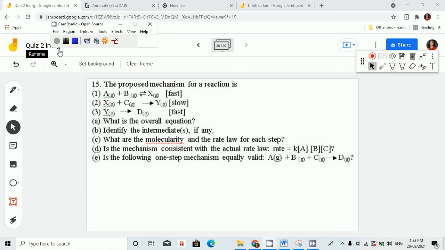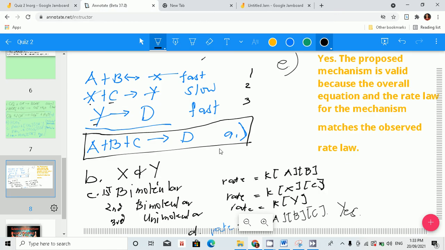We have A plus B plus C, which yields D. We are asked that if we don't show the three-step mechanism, and instead use just one step, is it equally valid? To answer that, we will look at the overall rate equation.